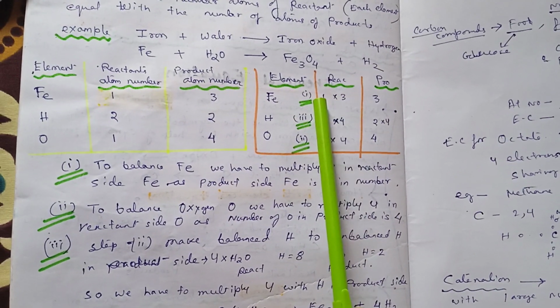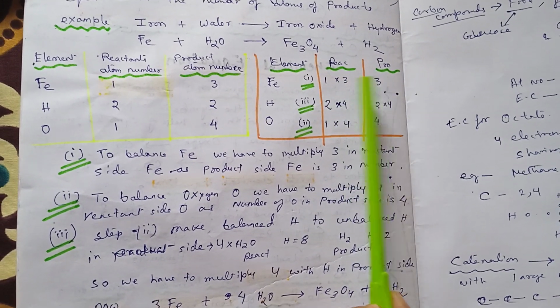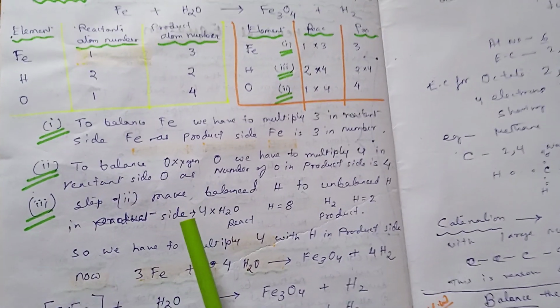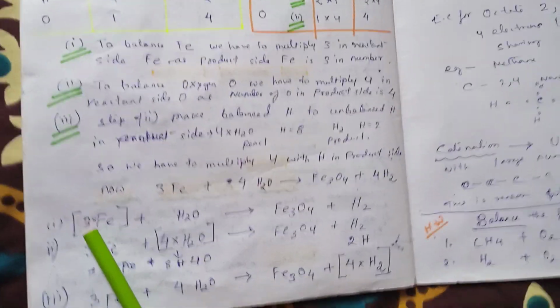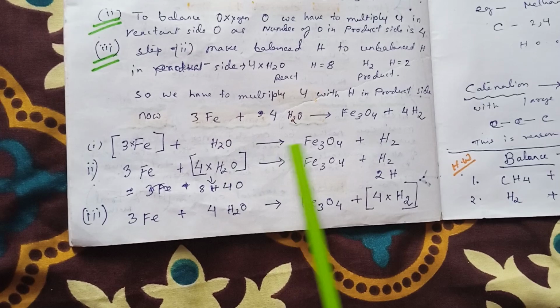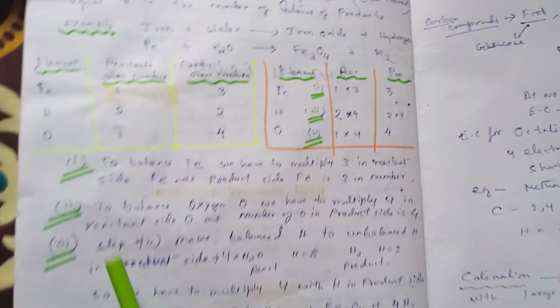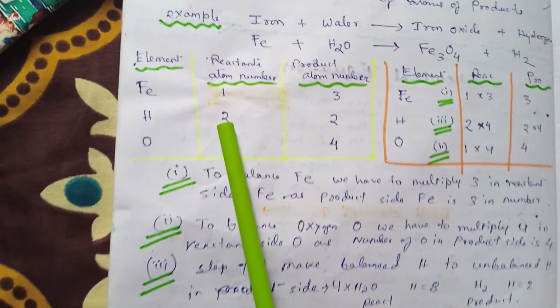You have to multiply the Fe on the reactant side by 3, so it becomes 3 on both sides. On multiplying, it becomes 3Fe plus H2O gives Fe3O4 plus H2. This makes Fe balanced.